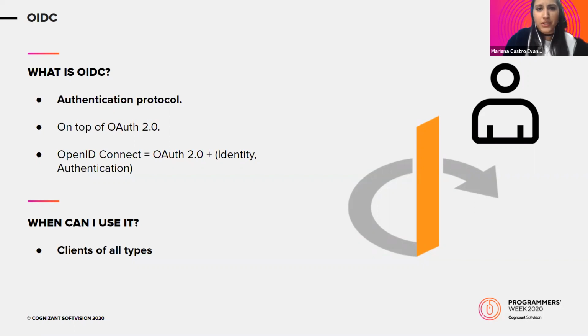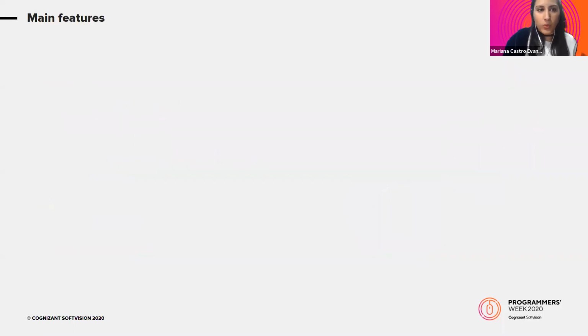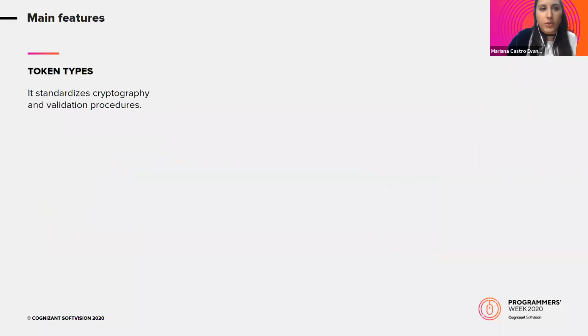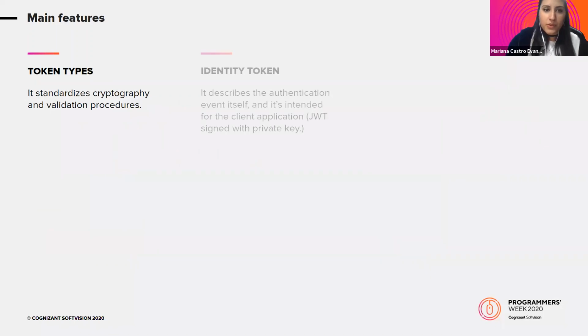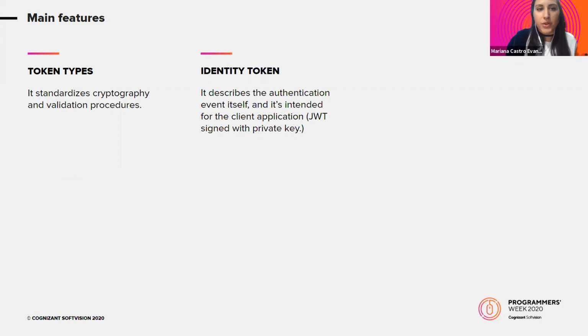Now, there are a lot of features that OpenID Connect provides, and we're just gonna see the main ones. OpenID Connect standardizes cryptography and validation procedures with token types. It also defines a new token, the identity token, that describes the authentication event itself, and it's intended for the client application.